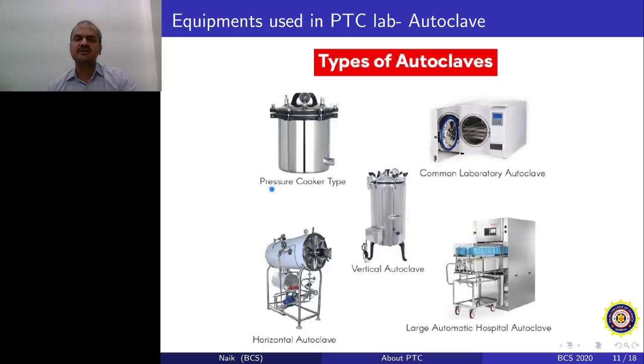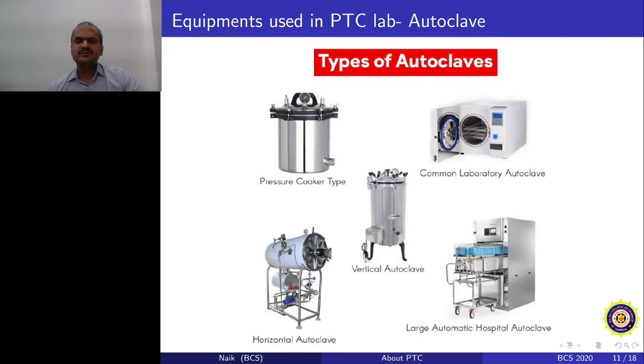These are the different types of autoclaves which I have shown in this figure. The pressure cooker type, which is a very small one, and this type of vertical pressure cooker where the blue laser pointer is moving, are the autoclaves typically used in a plant tissue culture lab when the labs are reasonably small.